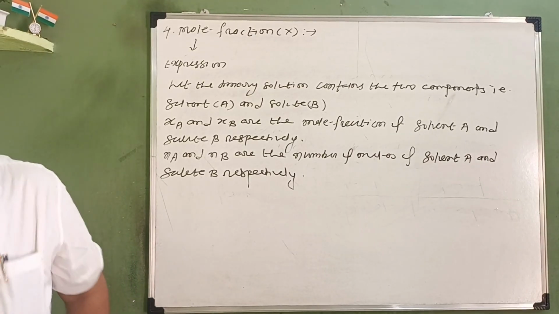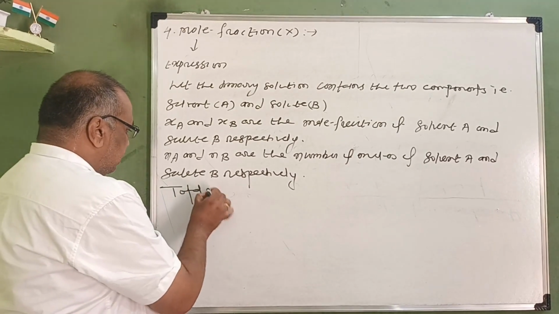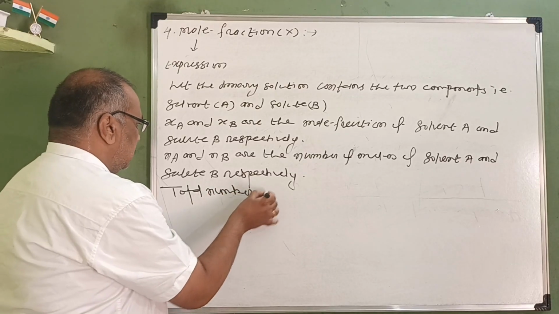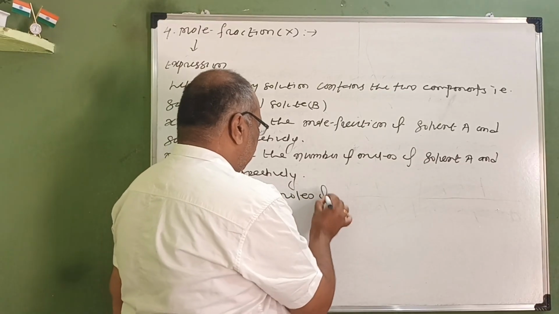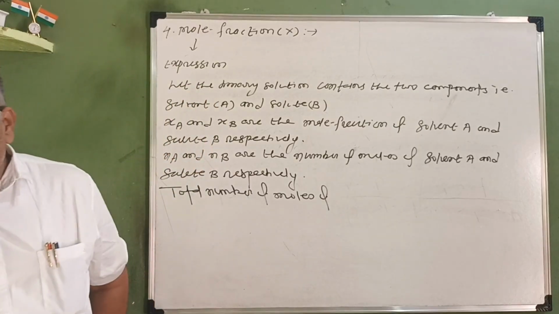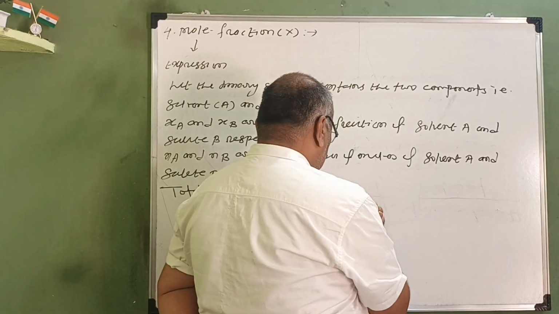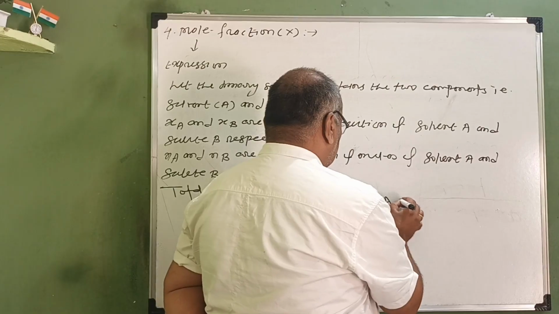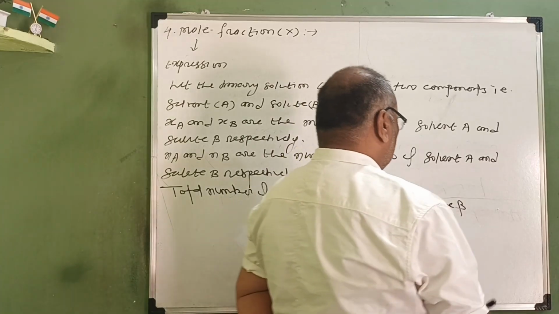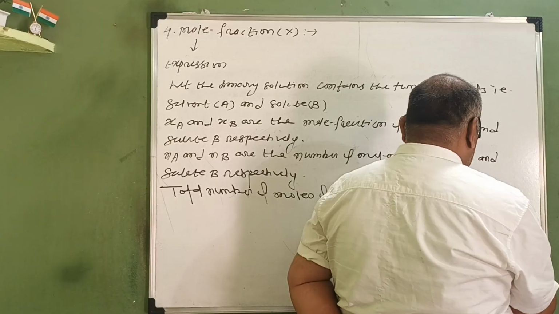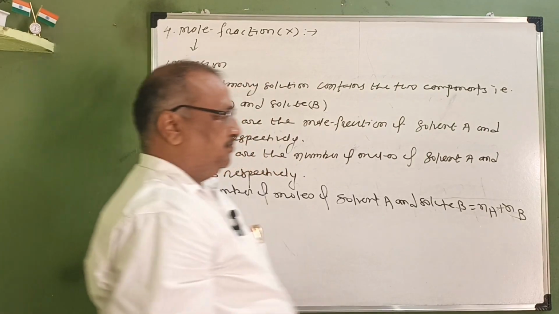Here, the total number of moles of solvent A and solute B is equal to Na plus Nb.